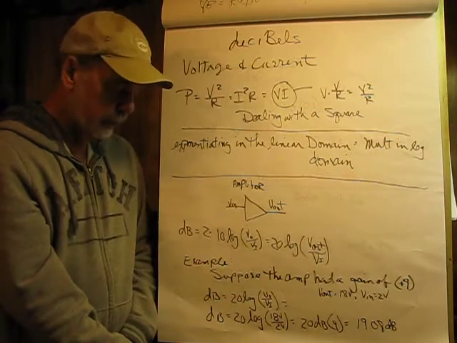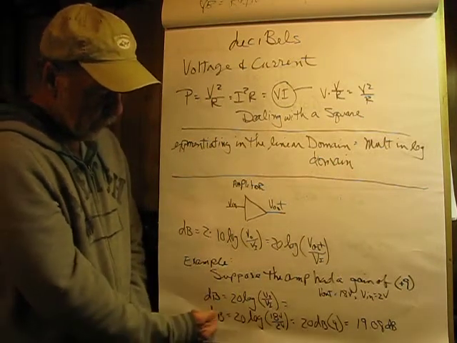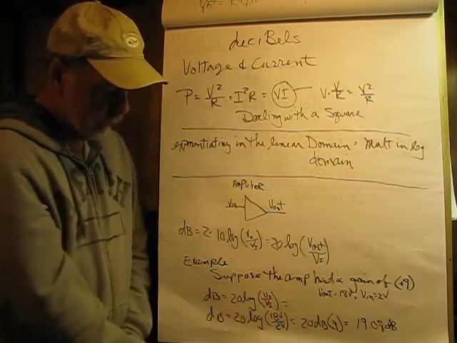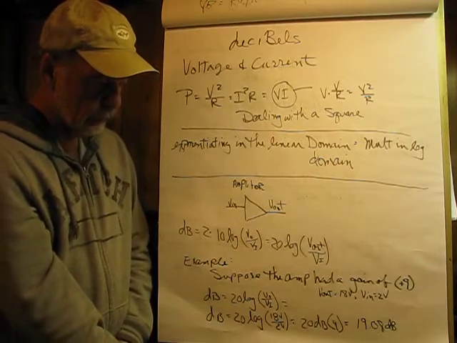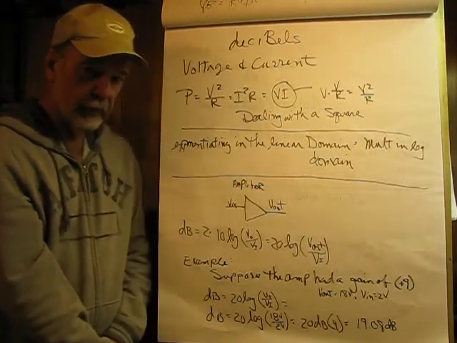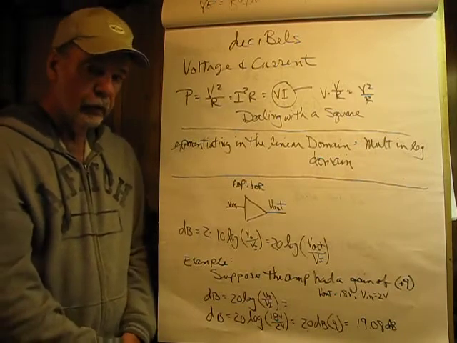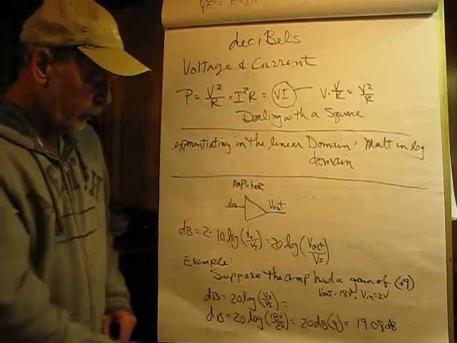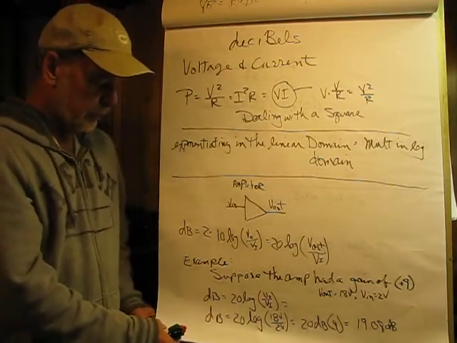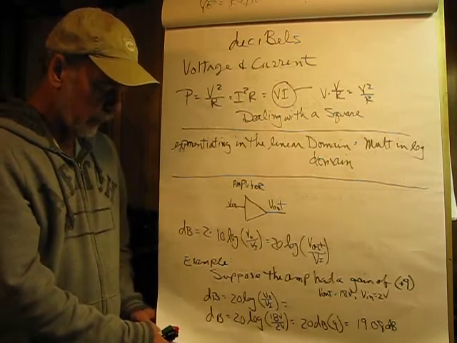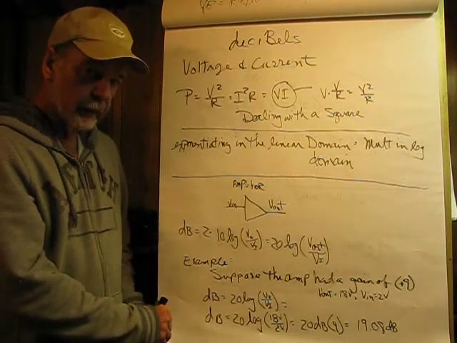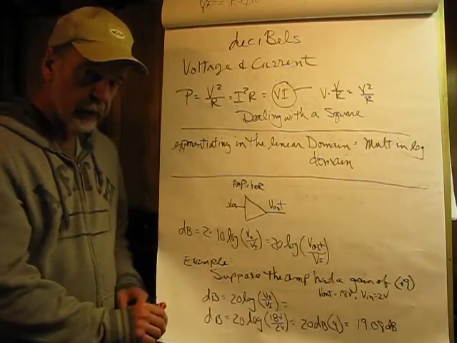It's always a good idea to do that. Decibels equals 20 log of 18 over 2 volts, and it comes out to a gain of plus 19.08 dB. So if we were to use one of our multimeters in decibel mode, not normalized, that's the value we would read.